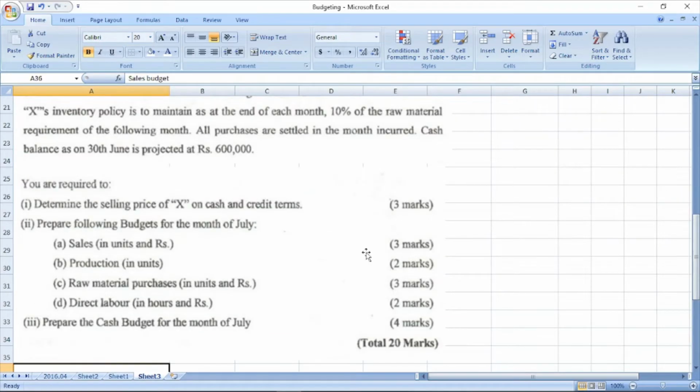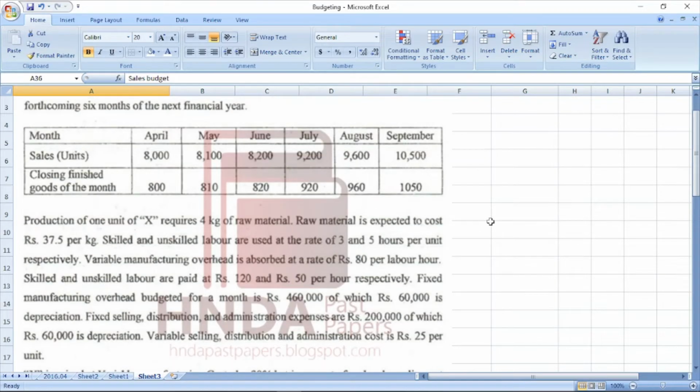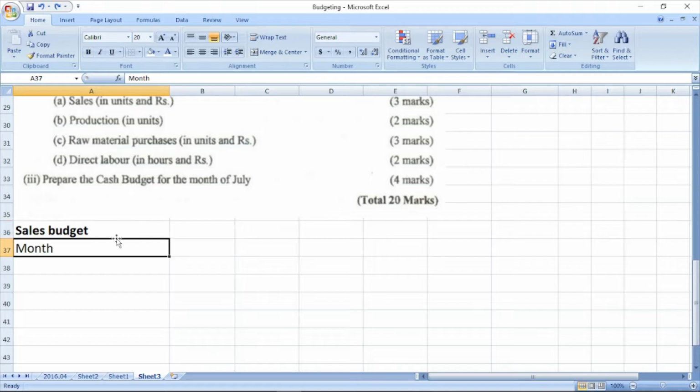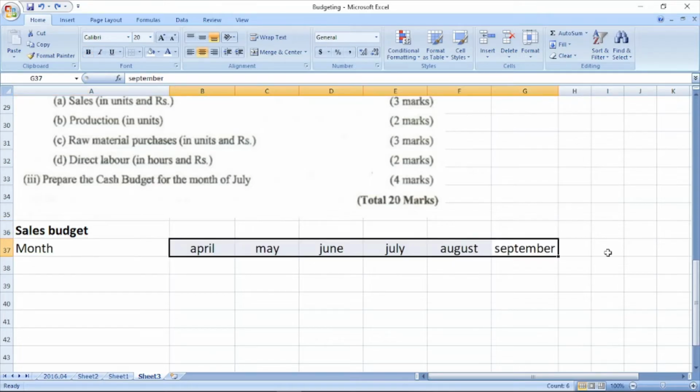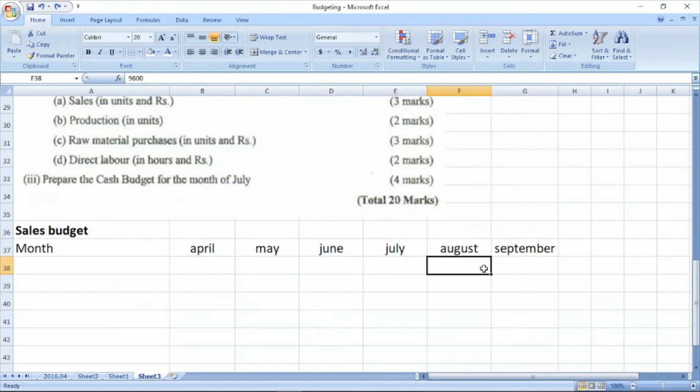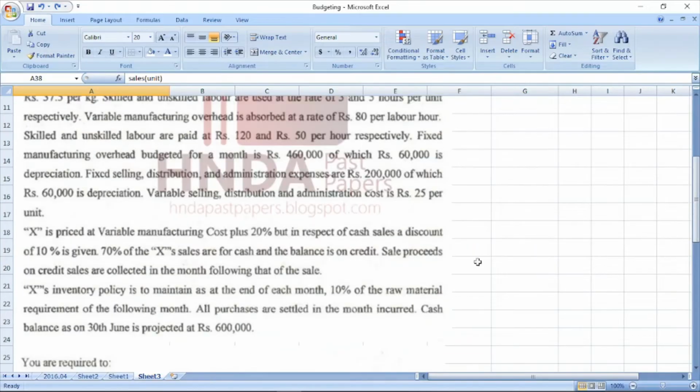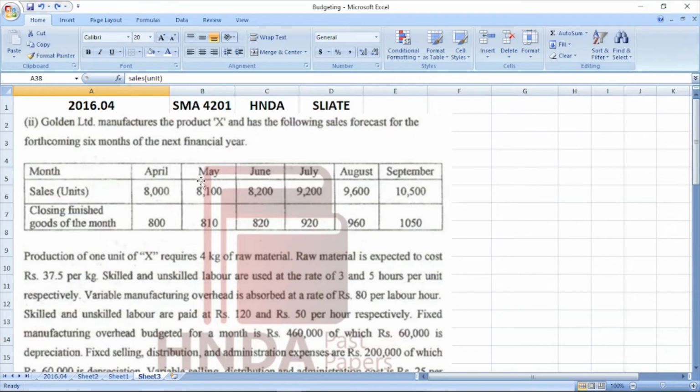Next they request to prepare the following budgets. A sales budget. So how do we prepare the sales budget? First, sales units for the months April to September, and next the sales unit and rate, 8000 to 10,500.